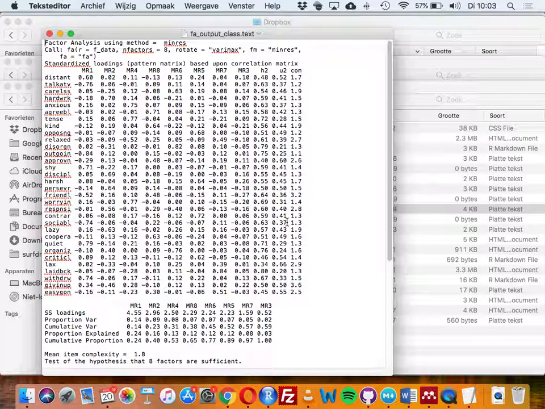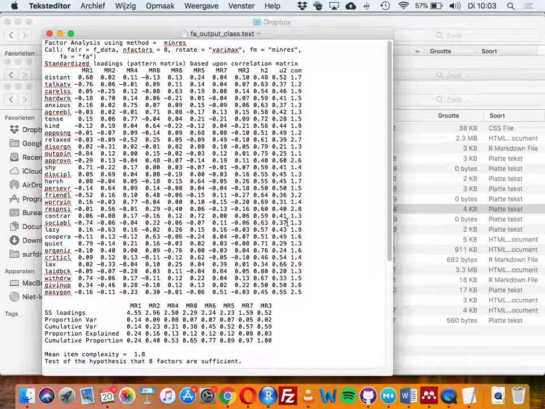Is there anything else which pops up? But especially that one is quite a high loading, and the discipline one is also quite a high loading. So likely that taps in here. Hardworking. This should be conscientiousness. So all these items tapping into.